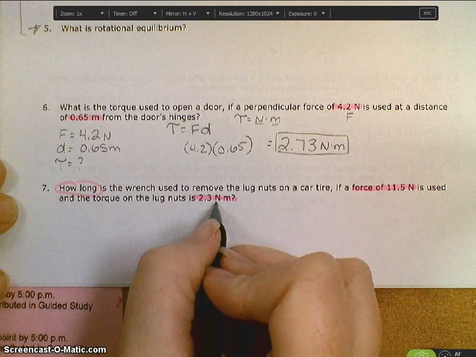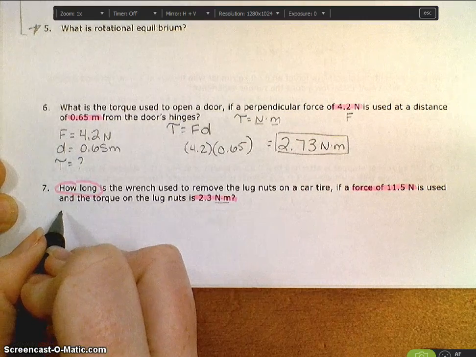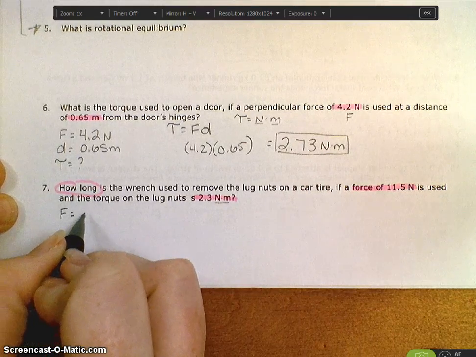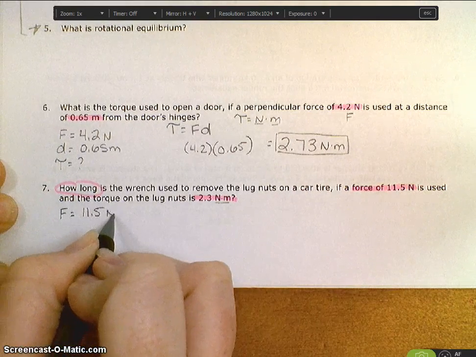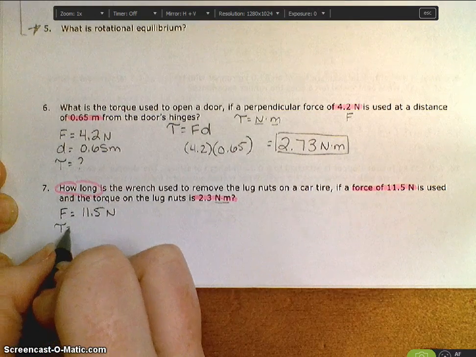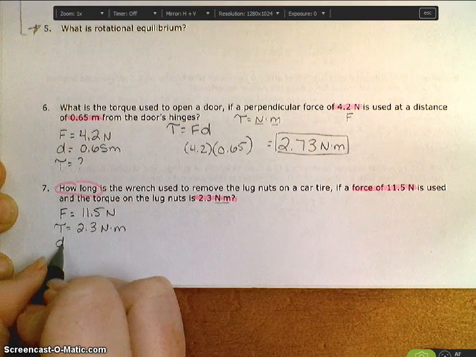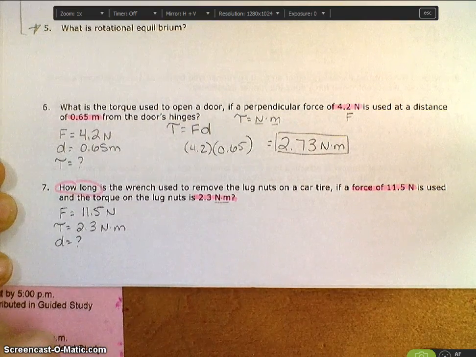Okay, so again, we see that and we're like, ooh, that's a little weird guy. Well, yeah, because that's the unit for torque. So the first thing that they gave us, 11.5 newtons. Then they gave us the torque, 2.3 Newton meters, and we're being asked to solve for the distance.